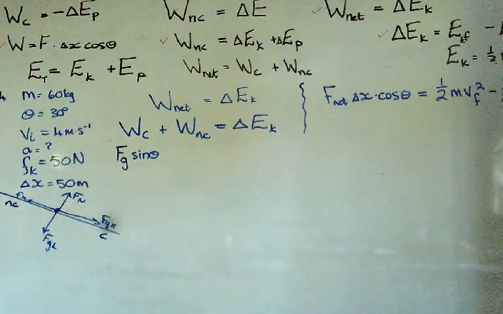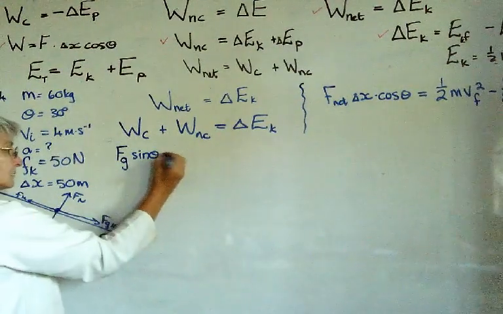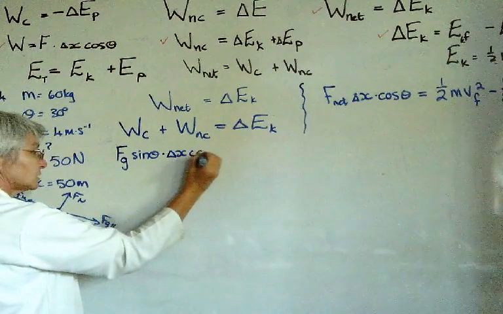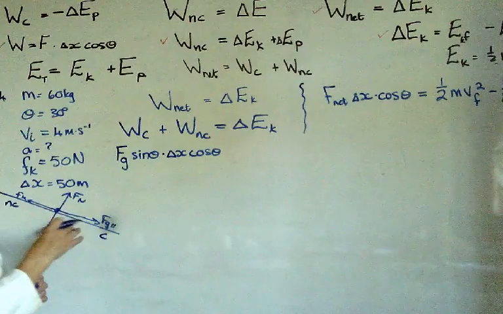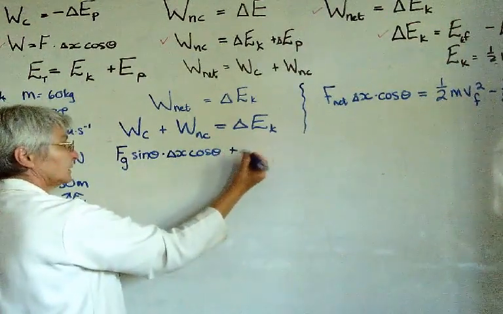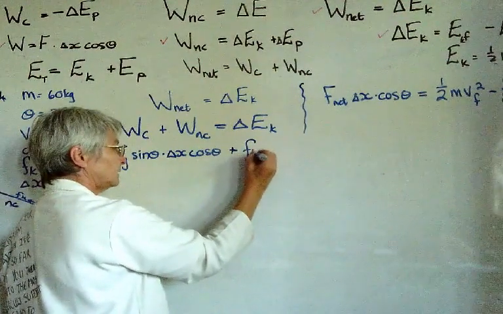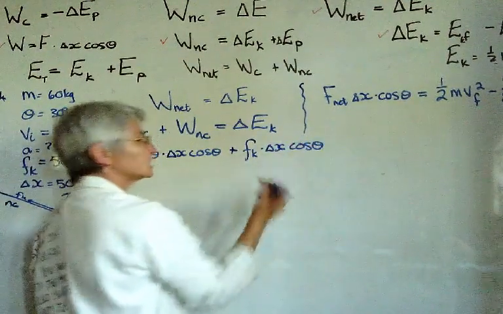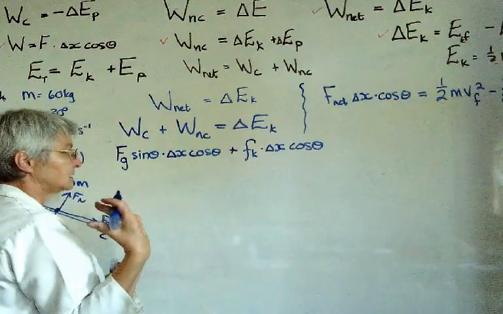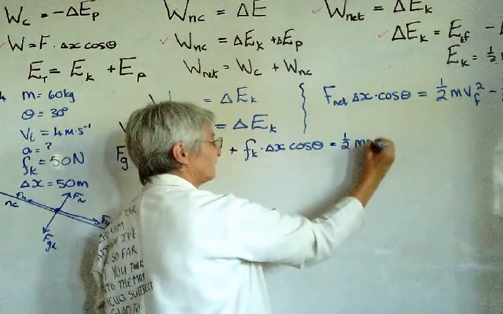Then delta x cos theta, that would be cos of 0, which is 1, plus, now the MC is the kinetic friction, so it's Fk delta x cos theta, which is cos 180, equals a half mvf squared minus a half mvi squared. The vi is not 0 in this case.